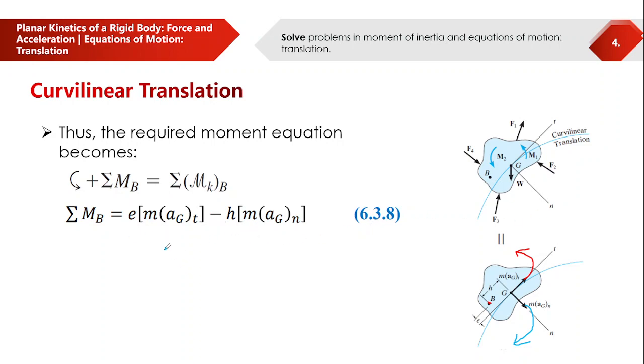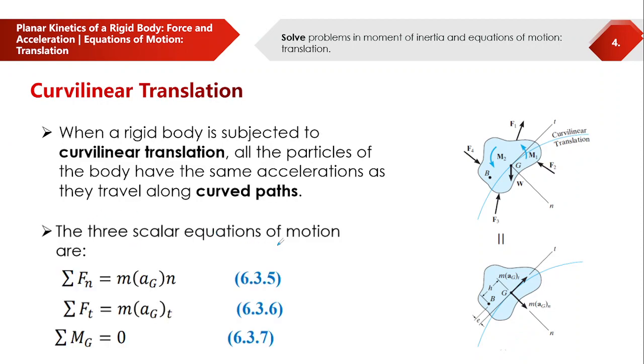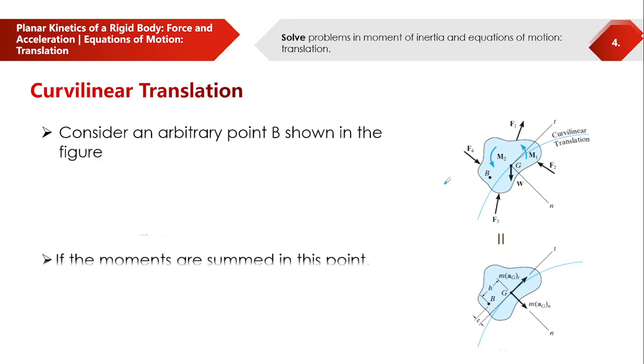Okay? So, that's how curvilinear translation works in the moment equation. We are considering three scalar equations of motion: the sum of forces along n, the sum of forces along t, and the sum of moments about g, which is not 0, which is equal to this one.